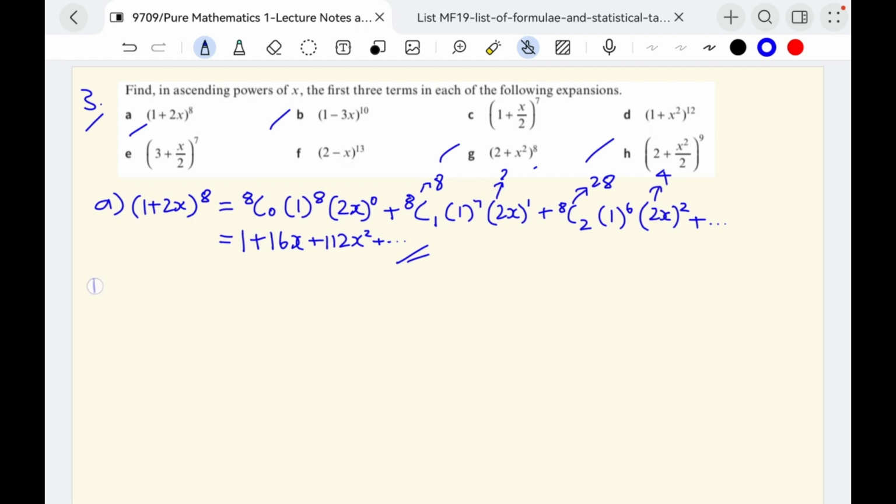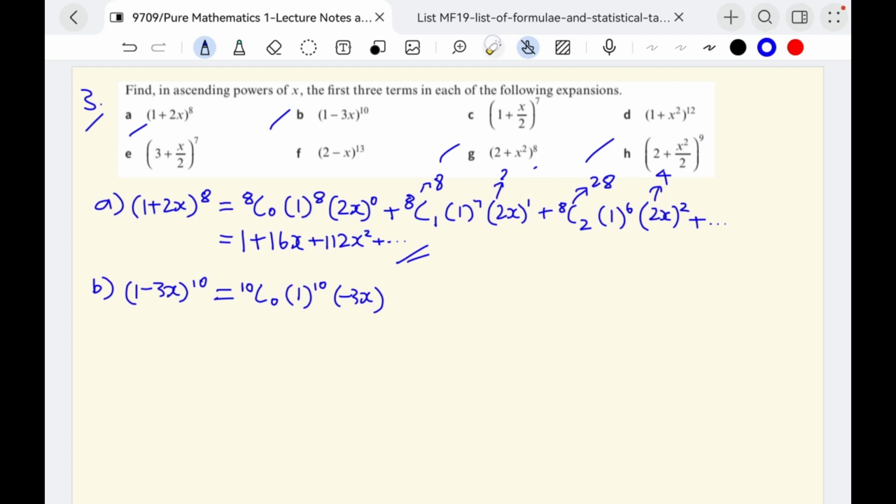All right, so let's move on to B. 1 minus 3x, bracket to the power of 10. So it's 10C0 times 1 to the power of 10 times minus 3x.